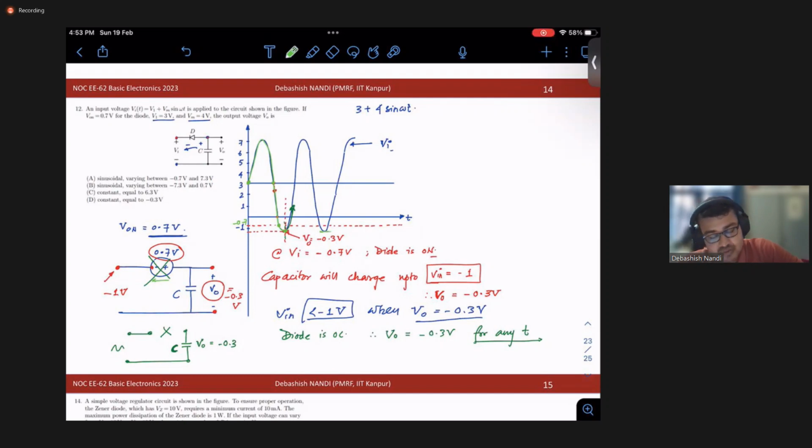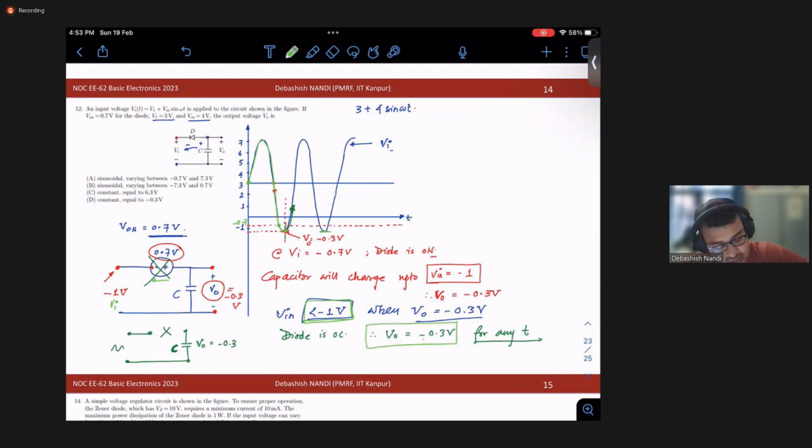So if V in never goes less than minus 1 volt, the diode will never conduct again, and the capacitor will store the initial voltage for eternity.